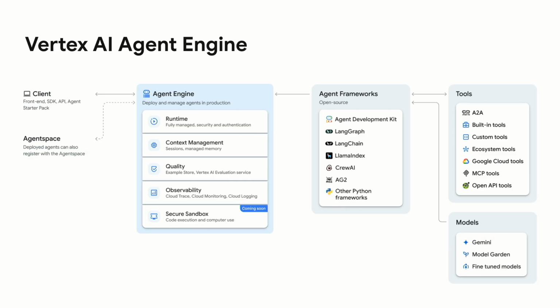It has a dedicated context service to manage the context for your agents, an agent evaluation service to evaluate the quality of your agents, and other advanced tools such as Code Sandbox to execute the code produced by the agents safely and securely. Lastly, full observability for you to monitor the agents that are running in production.